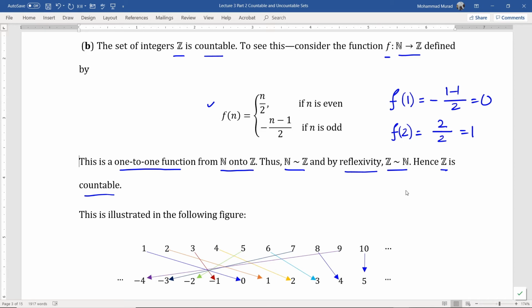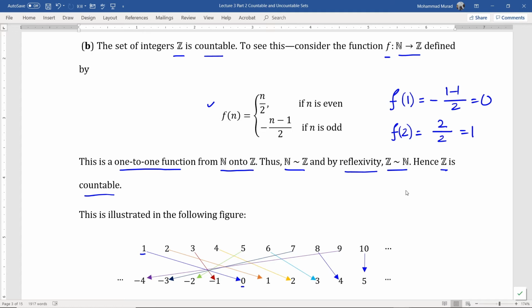For example, the element 1 goes to the element 0, the element 2 goes to the element 1, the element 3 is mapped to negative 1, the element 4 is mapped to 2, and so on.